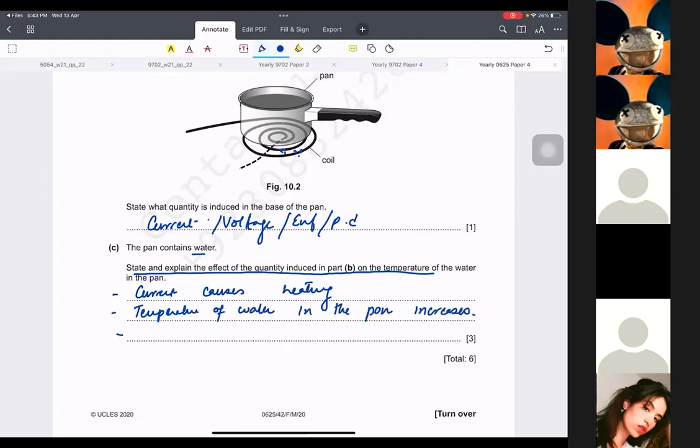All right, for the third mark, we write the base of the pan will be the hottest due to current induced in it. This is a very good question for the first time. Right. Any questions, please let me know.